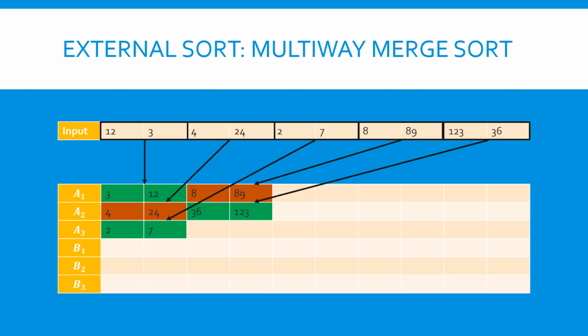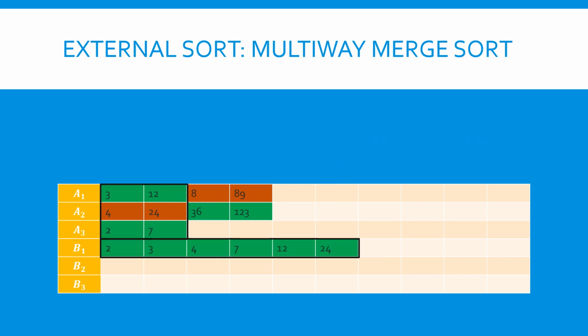Consider the example again, and let's assume we'll use a 3-way merge strategy this time. Now, we'll need 6 arrays, or 6 heads, 3 as inputs and 3 as outputs. We perform the same procedure, beginning with loading size 2 data blocks from the input, sorting them internally, and writing to the 3 input arrays.